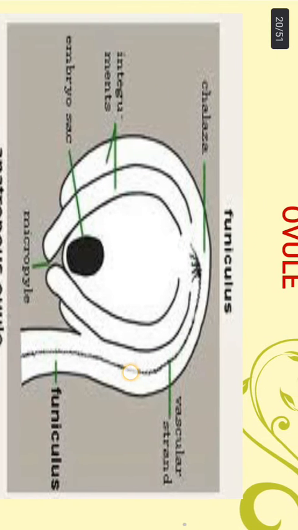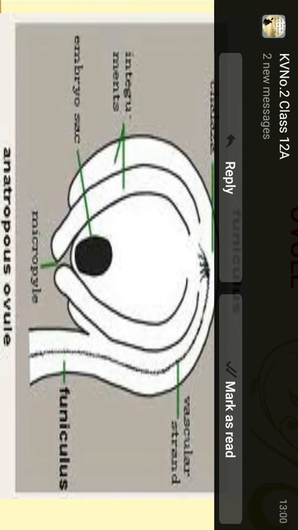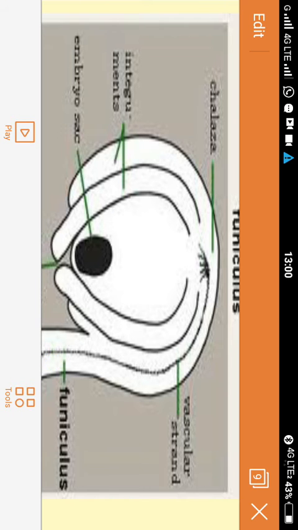Now let us move on to the structure of the ovule. The stalk of the ovule is called the funicle, and the major part of the ovule is occupied by the nucellus. At the initial stages, it is protected by two layers: the inner integument and the outer integument.